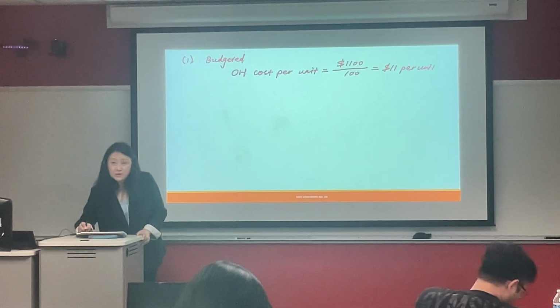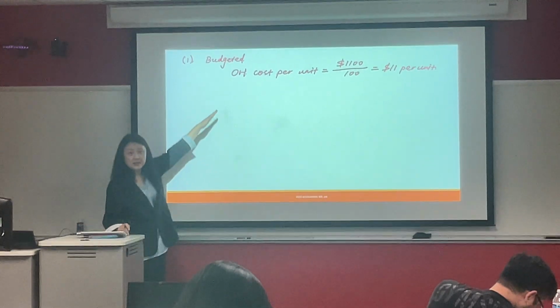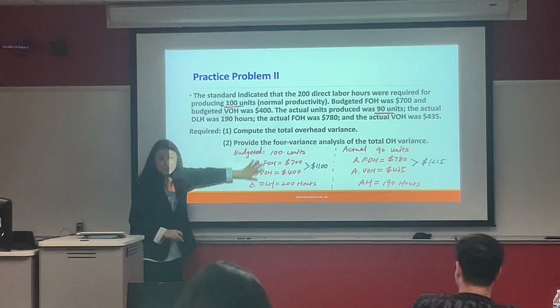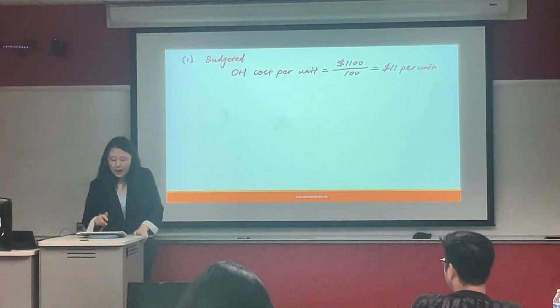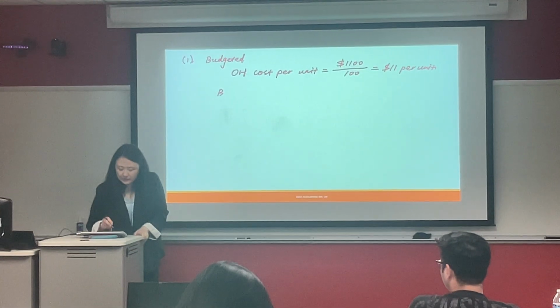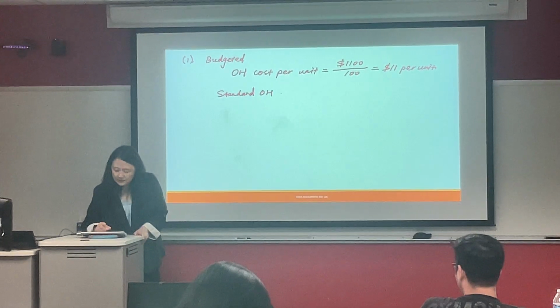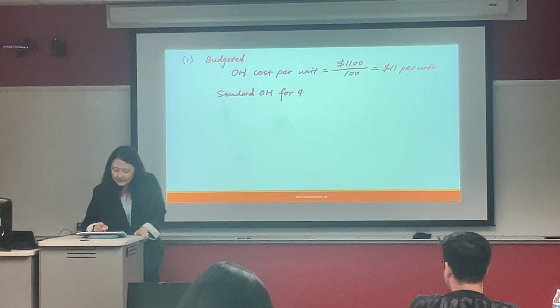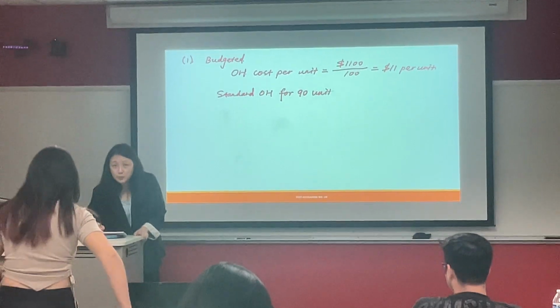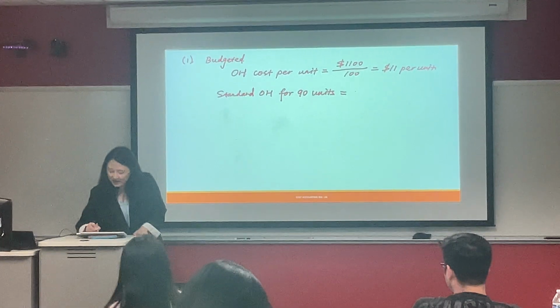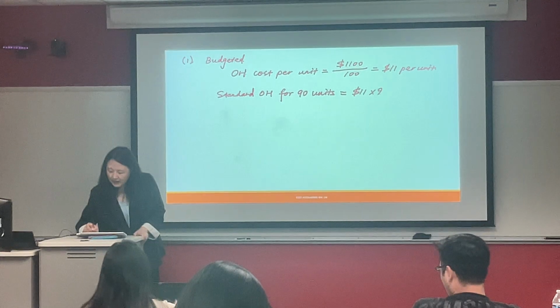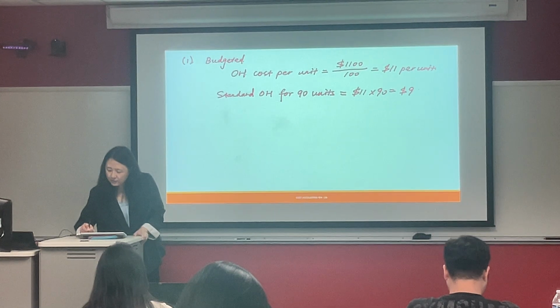This is all based on the budgeted numbers; I'm not using the other ones. And then I will calculate the standard or applied overhead for 90 units. See, that's important, apple to apple. So that's 11 times 90, which is 990.